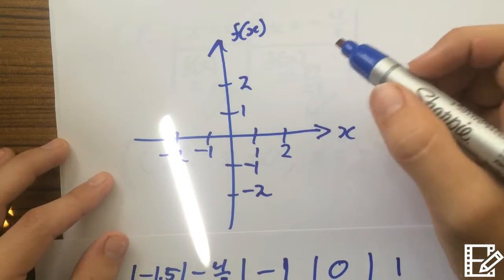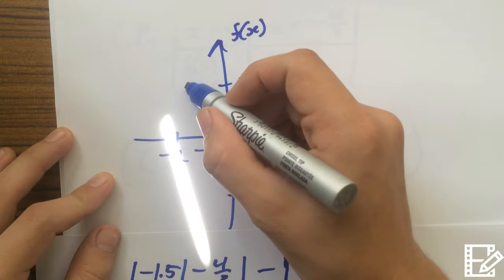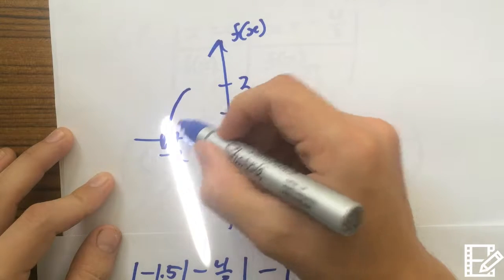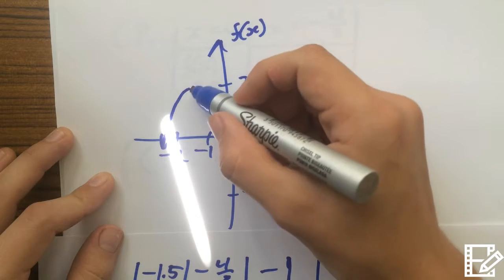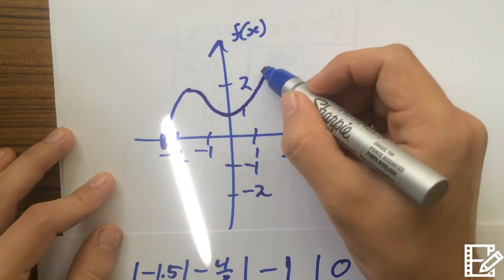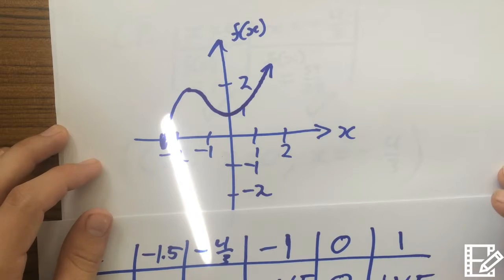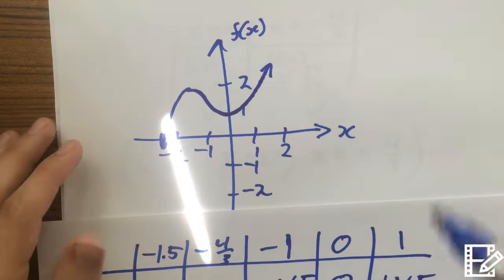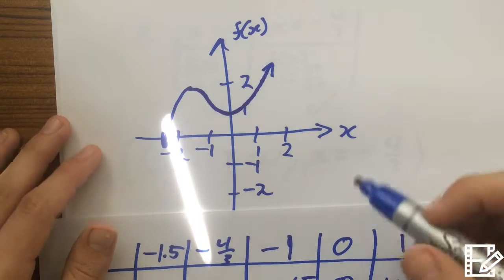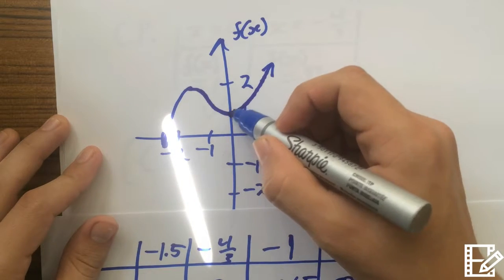The graph looks a little like, comes up here, like that, thereabouts. Which makes sense because we said the minimum was at x equals 0 and y equals 1, which is here, which is correct.